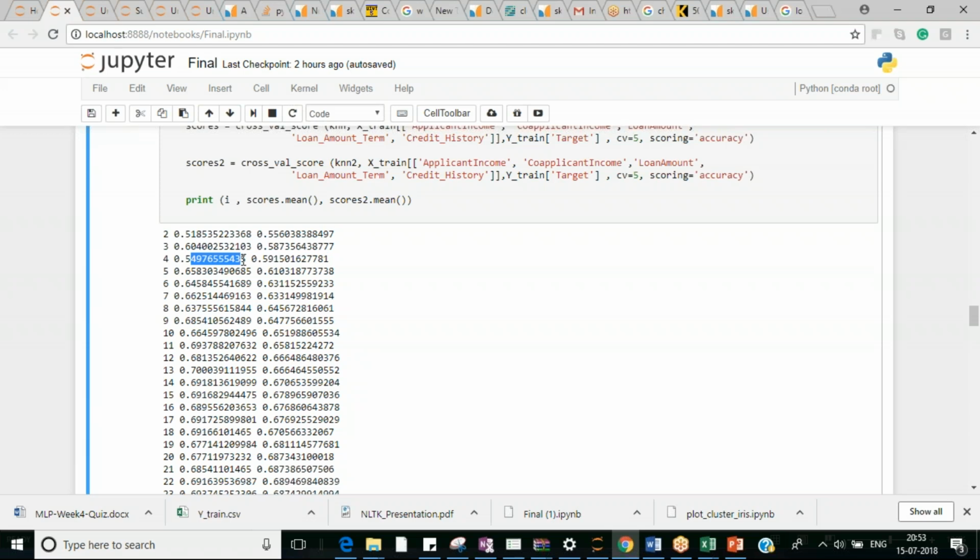The other question I have: you're giving more weightage to the nearest point, right? Yeah. Suppose I want to do the other way around, give weightage to the farthest point. No, you cannot do that, because it doesn't make sense. Your nearest neighbors means that you want to give weightage to the nearest points only.